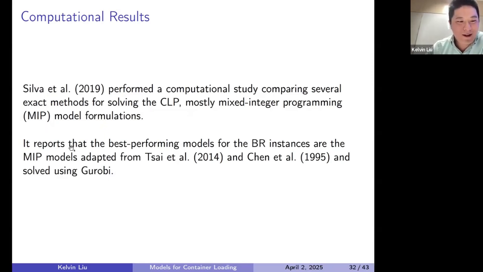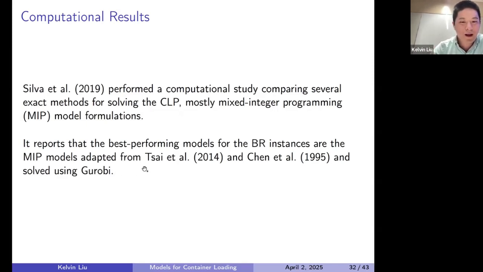Anyway, what this computational study found was that the best performing models for the BR instances are the MIP models adapted from Chen et al. in 1995 and Zhao in 2014. And apparently they would perform the best using Gurobi as opposed to Cplex.